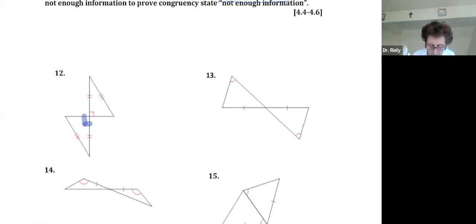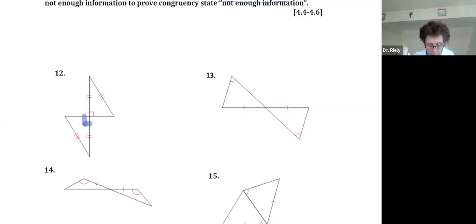Okay, so that's going to be a vertical angle, and because one of them is 90, the other one is 90. Since it is a 90-degree right triangle in both cases, you have the option of HL. HL tells me that you have to have the same hypotenuse, and we have that, and you have to have a leg the same length. We have that, so I agree with Gina that that's HL.